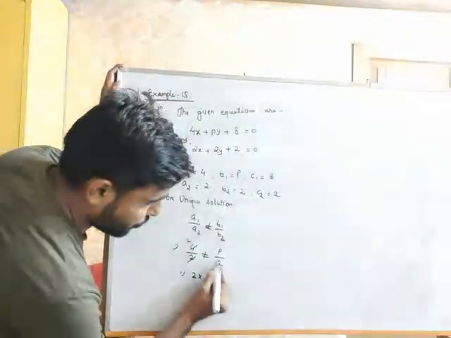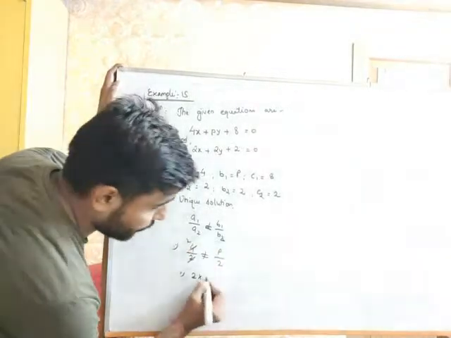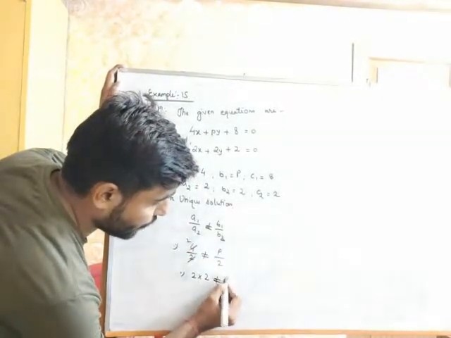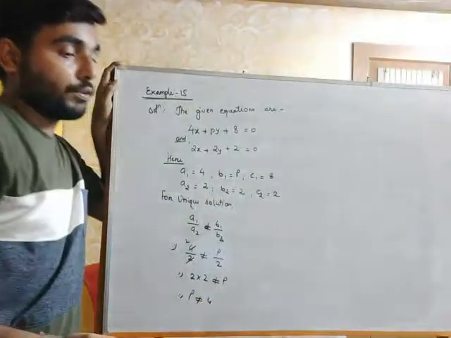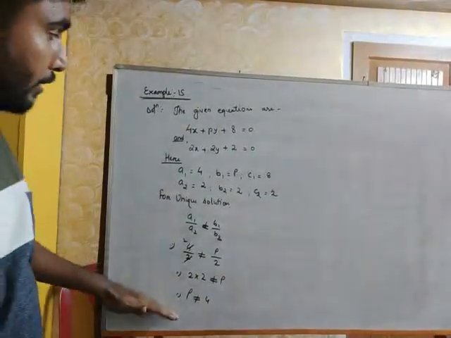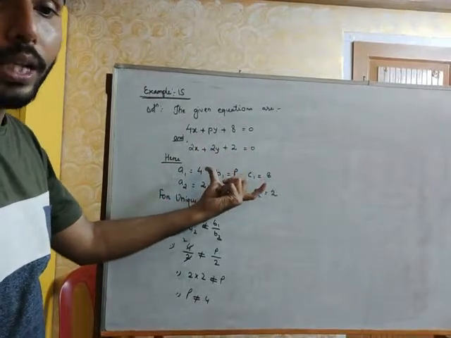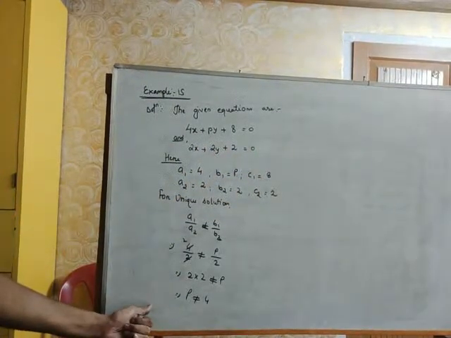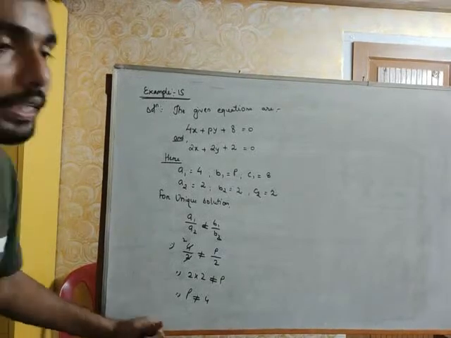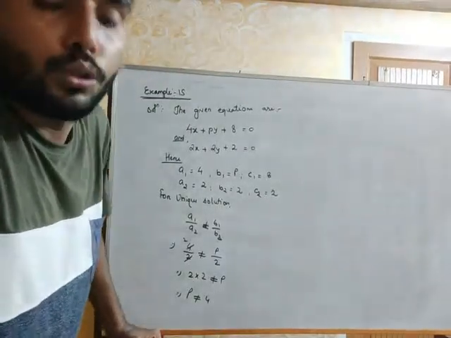So now this 2 is getting divided, the other side will be multiplied. 2 into 2 is not equal to p, which implies p is not equal to 4. So therefore we can write the condition under which the given equation will have a unique solution: p should not be equal to 4.